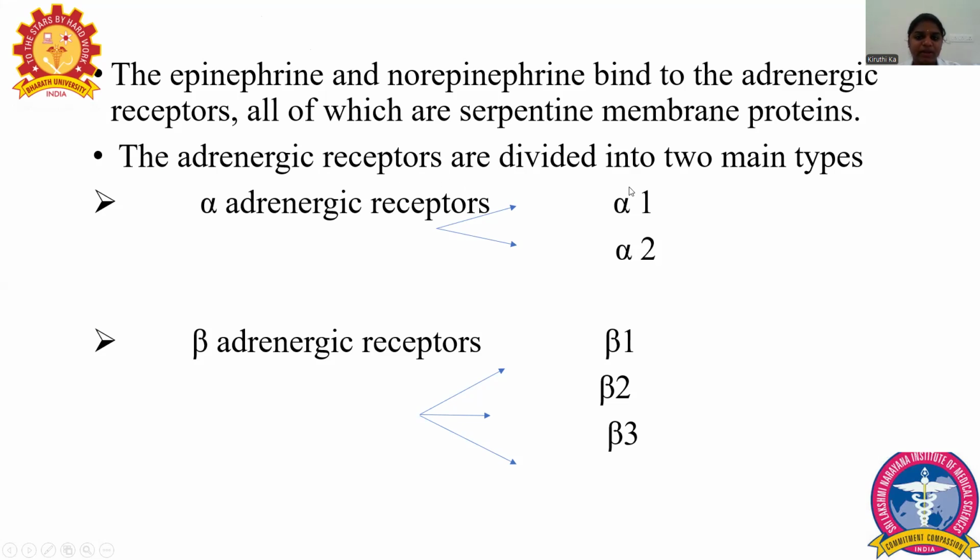These adrenergic receptors are divided into two main types: alpha adrenergic receptors and beta adrenergic receptors. The alpha adrenergic receptor is subclassified into alpha 1 and alpha 2. The beta adrenergic receptor is divided into three: beta 1, beta 2, and beta 3.